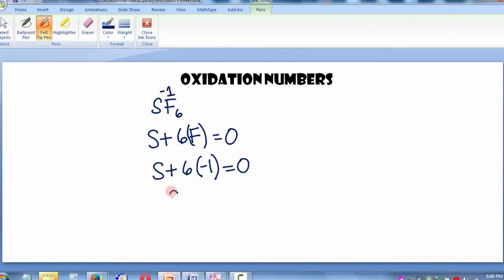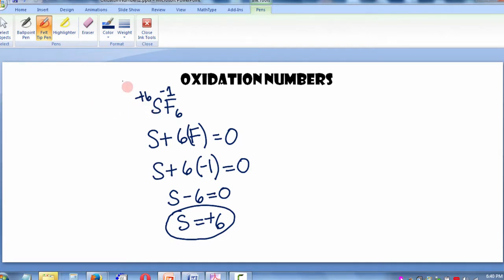So now we have sulfur minus 6 equals 0, and sulfur will equal a plus 6. So the oxidation state of sulfur in SF6 is plus 6. So we can write that at the top. Plus 6.